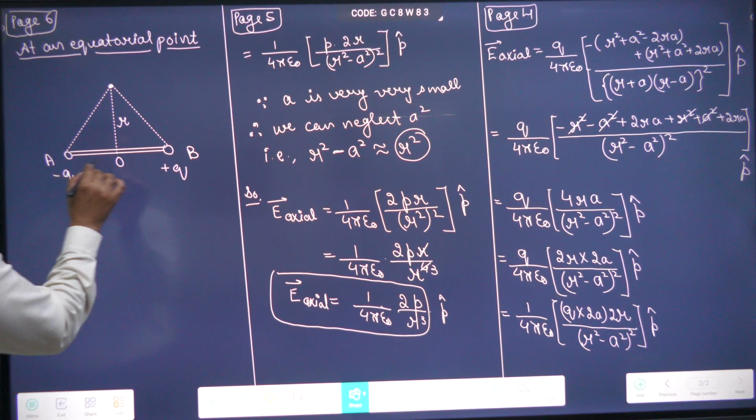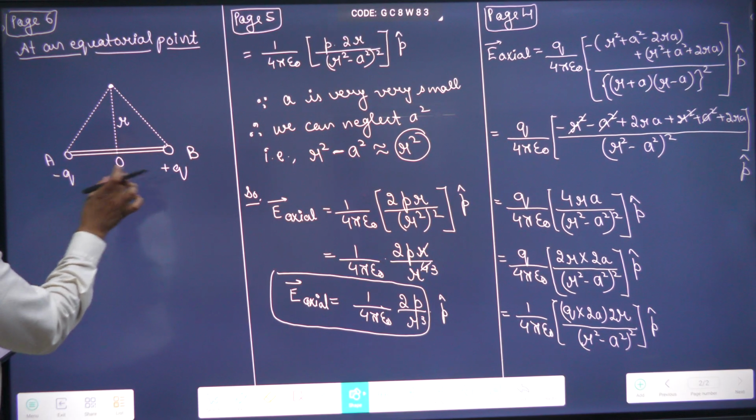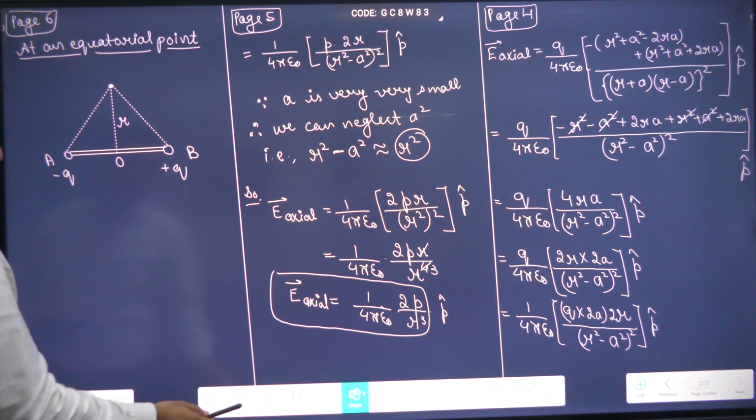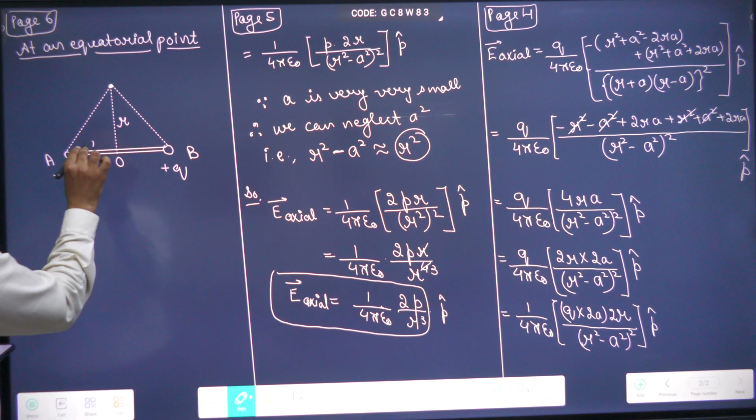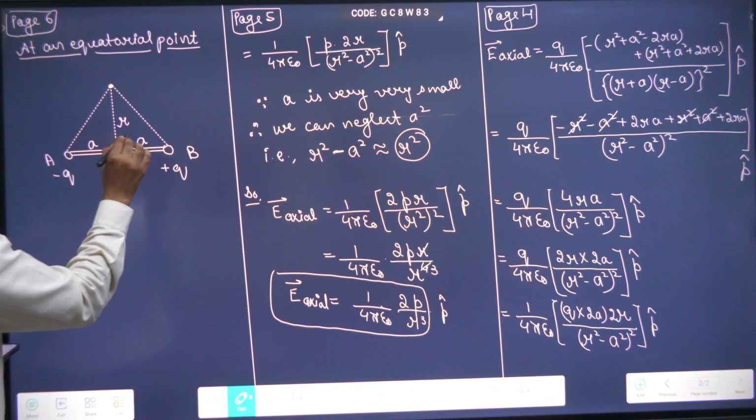Then the length of this dipole, the distance between negative and positive charges, is small a. Here it is small a, this is also small a.